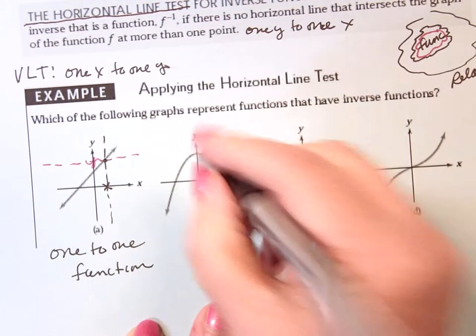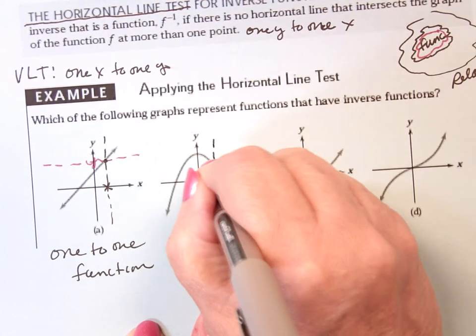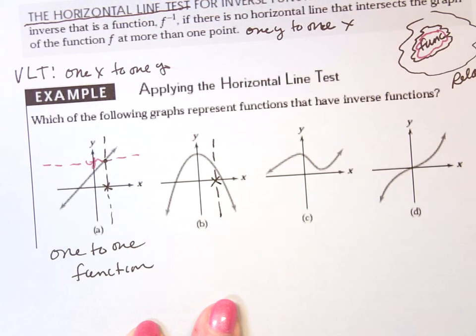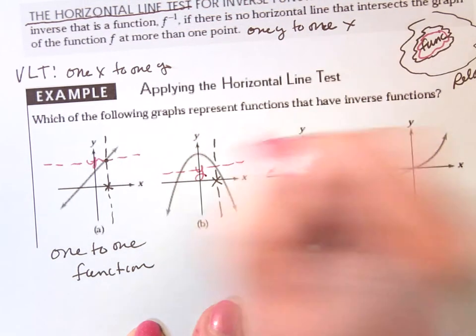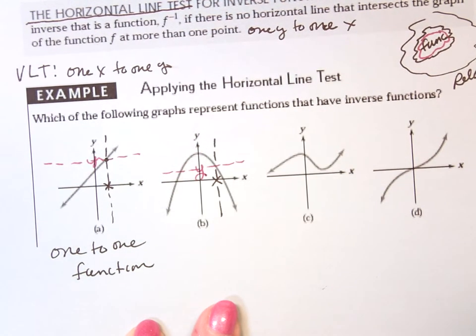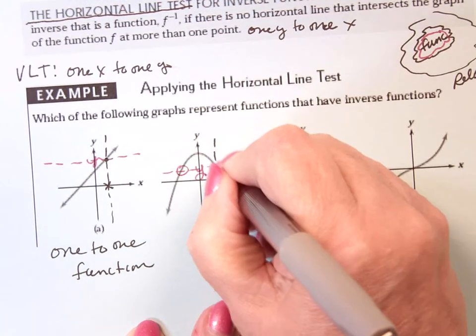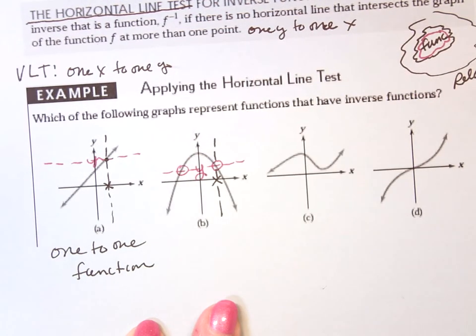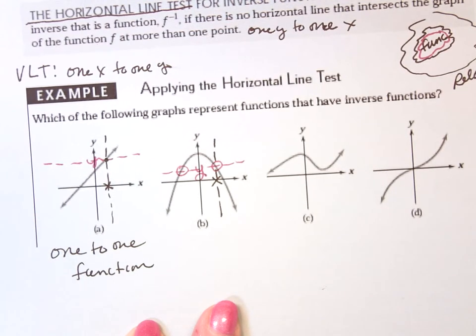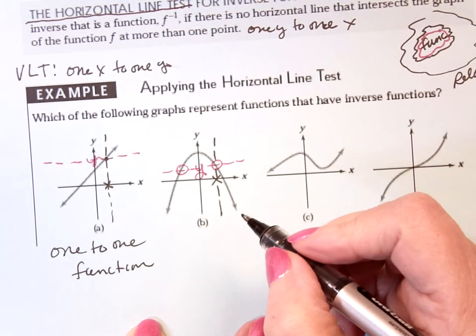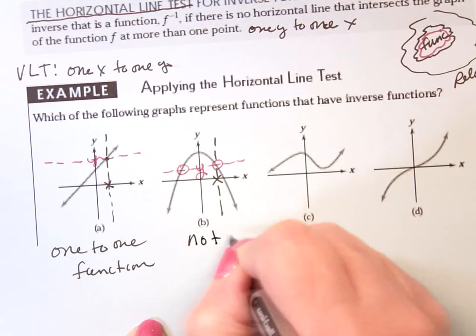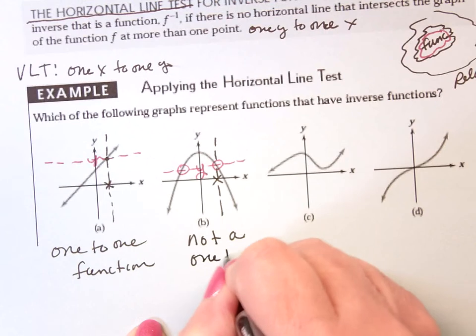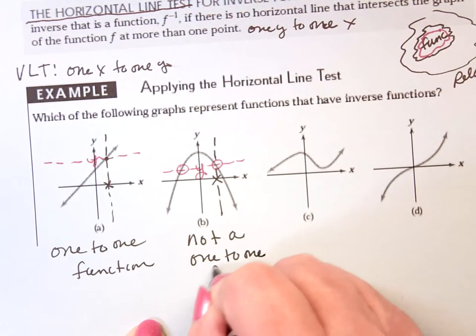This guy is a function. He passes the vertical line test. Pull an x value, it only intersects once. However, if I pull any y value, there's the y value. How many times does that intersect the graph? Twice. So that's when y goes to two x's. So it is a function, but it's not a 1-to-1 function.